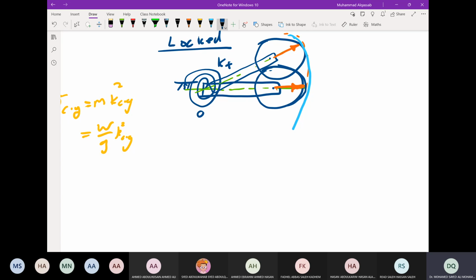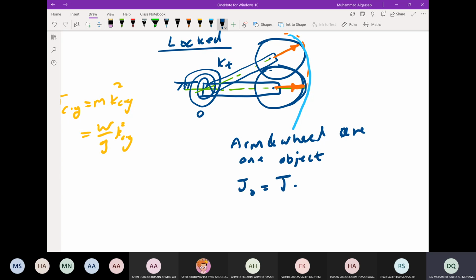And in that case, the arm and the wheel are one object. And the moment of inertia JO is obtained by the parallel axis theorem: JCG plus M times the distance squared.